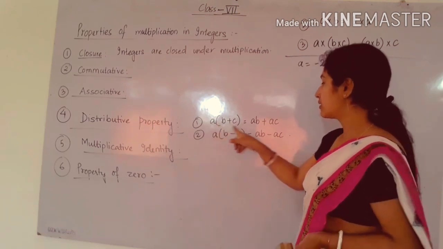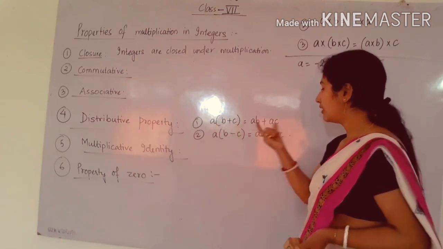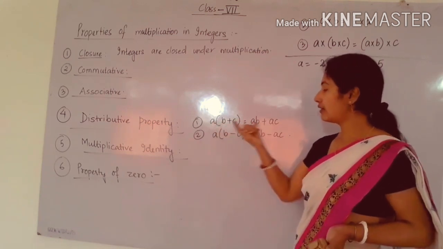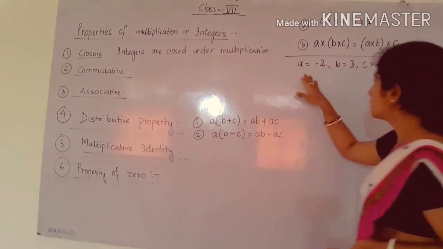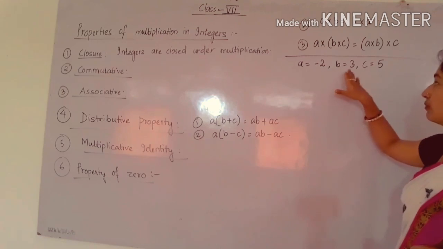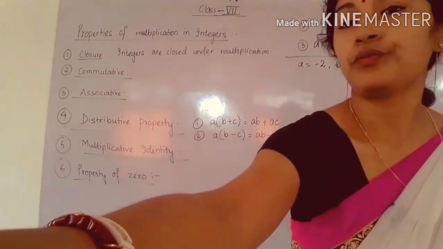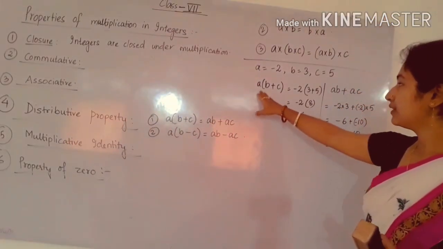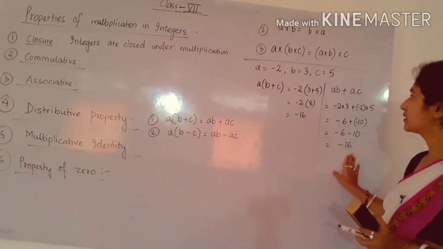In this case, in the first case, you first take the left hand side, then you take the right hand side. You will see that the left hand side and right hand side are equal. Just take this example, A as minus 2, B as 3 and C as 5. After simplifying, I am getting the left hand side as minus 16 and the right hand side is also minus 16.